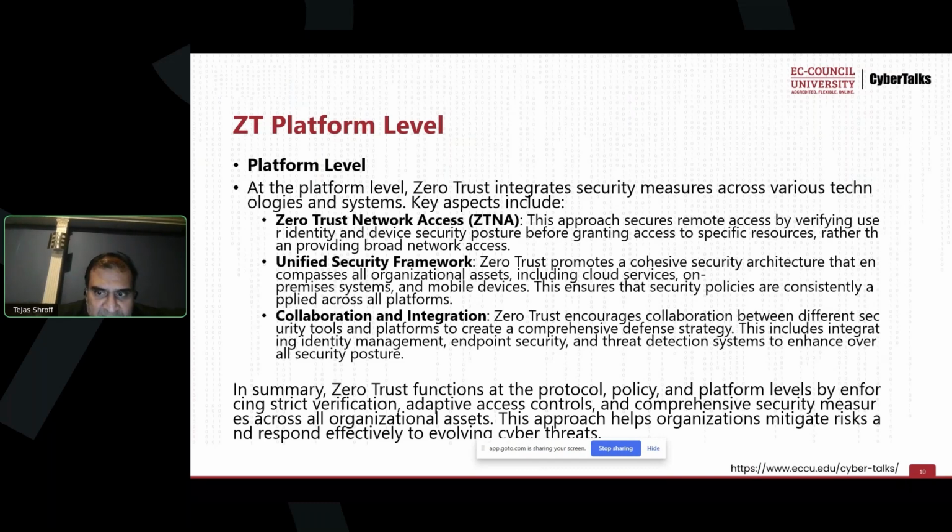The security measures need to be comprehensive across all the assets. This kind of approach will help organizations mitigate risks and respond effectively to evolving cyber threats. So zero trust, in order to be successful, needs to function at protocol, policy, and platform level. All three of them.